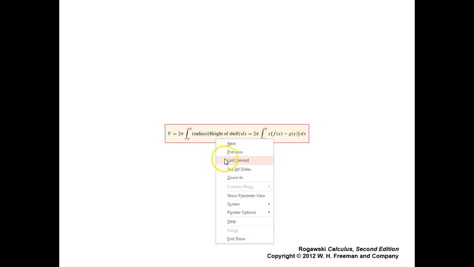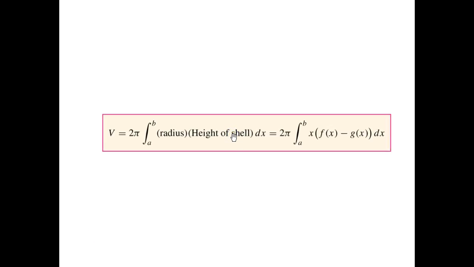Now, what if you had a shell that was going between two functions, not to the x-axis, but between two functions. Then your 2 pi r, 2 pi x, is going to be an x here, so 2 pi x, whatever the radius is, and that's x in this case.